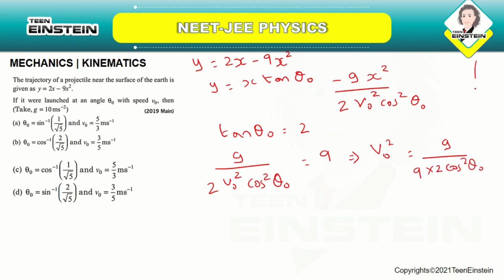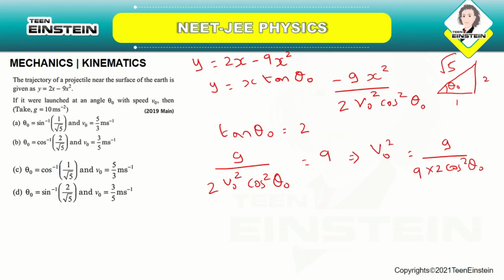Okay. So you can draw the diagram like this, and this is theta naught, and here it is 1 and here it is 2 and here it will be root of 5. You can substitute the values, and you know that cos theta naught will be equal to 1 by root 5.